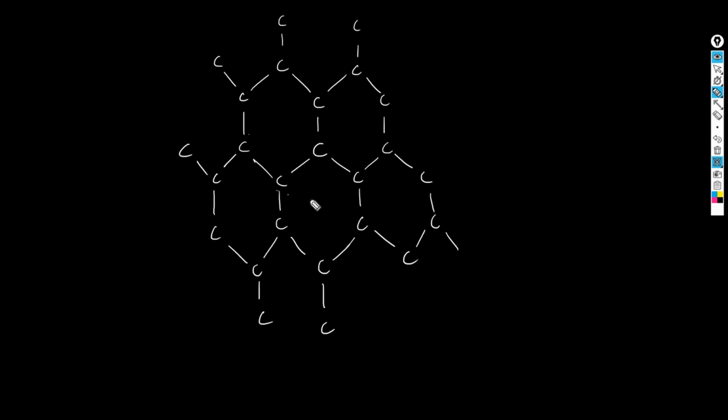So the carbon atoms form these hexagons with each other whenever they form graphite. But what you'll notice is that every one of these carbon atoms only has 3 bonds. Therefore, these carbon atoms are sp2 hybridized. By having sp2 hybridization, these carbon atoms all have a p orbital that is empty.